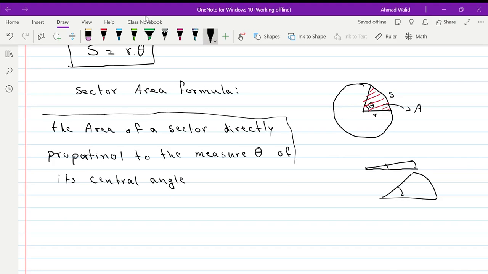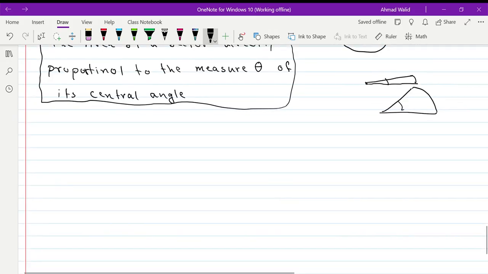Translate this, if you remember from algebra, direct variation or direct proportional. If I name the area as A, it's directly proportional to theta, correct? And I hope your professor in algebra covered this part for you. Every time that you write a direct variation formula, you need a constant K, right?